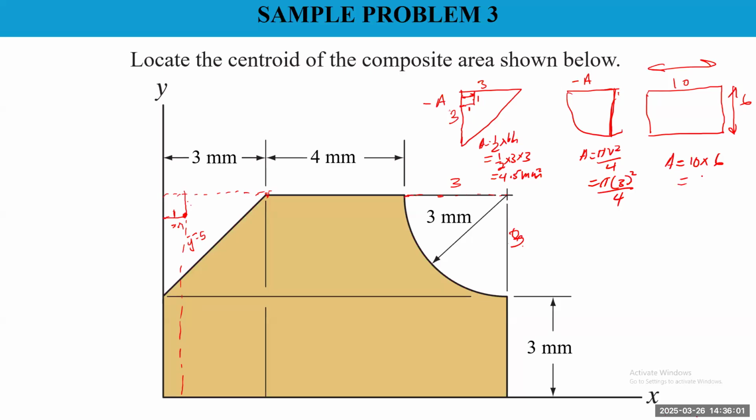So that one is 60. Now we need to identify your y1 and y2. I'm calling them y1 and y2, I won't call it x bar because that can confuse you. So for the quarter circle, you have to use the formula again.